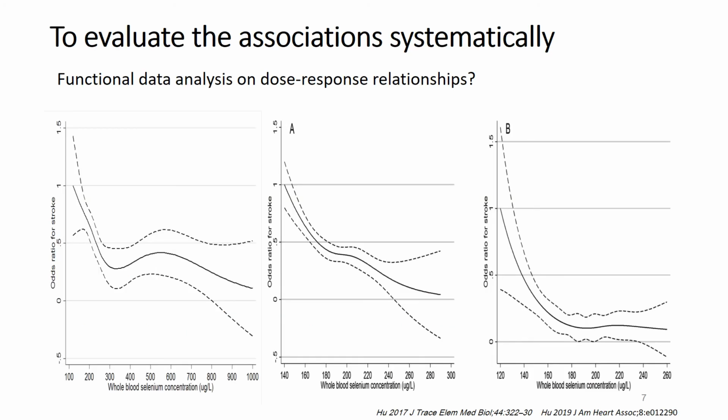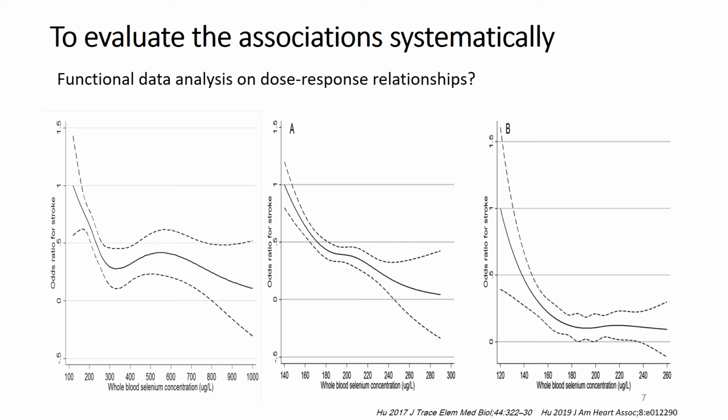Now comes my first research question: how to evaluate the associations systematically. I am thinking maybe I can use the functional data analysis approach on the dose-response relationship, and some type of clustering technique to group the different types of associations. These 3 graphs you see are from my own research. I'm looking at the same chemical, its effects on the same outcome from different populations.